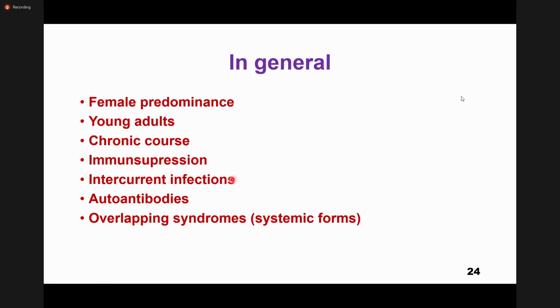To sum up the basic concepts of autoimmunity: female predominance, mostly young adults, a chronic course with time, because your self-tolerance is broken down. Intercurrent infections may also be a cause, and definitely there are autoantibodies, and overlapping syndromes that may be systemic forms.